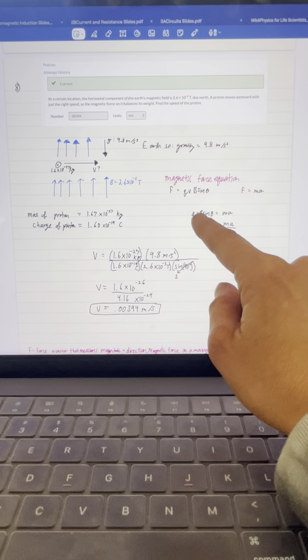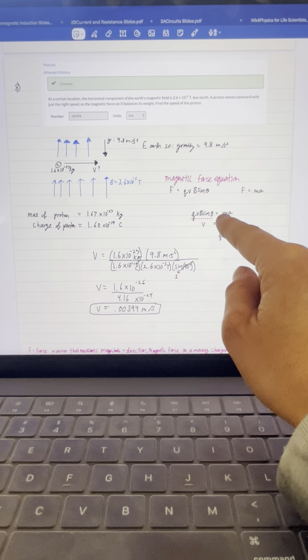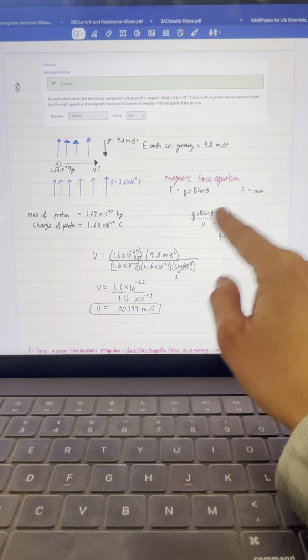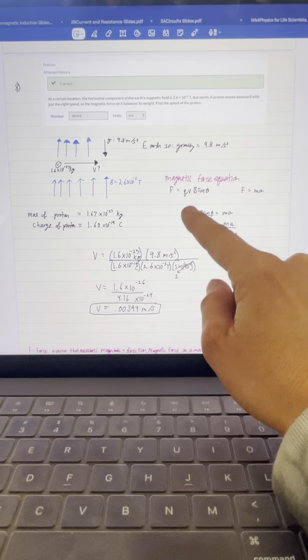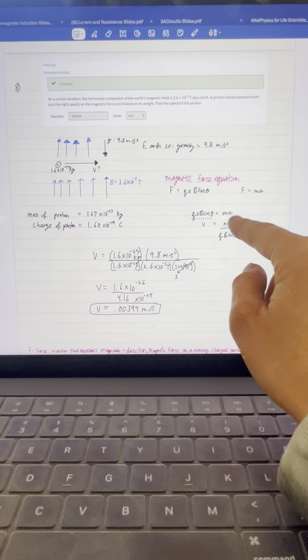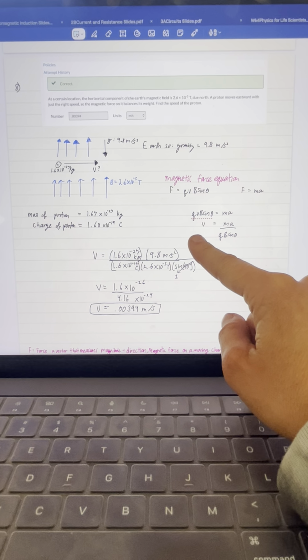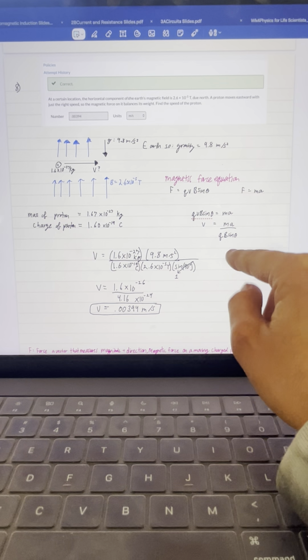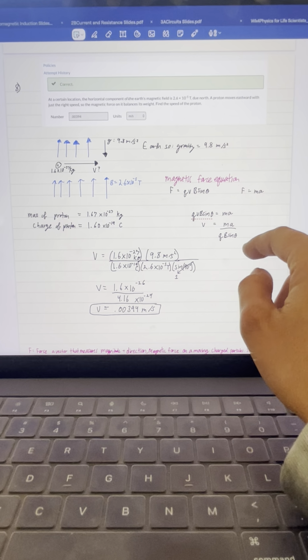So it's QVB times sine theta equals mass times acceleration. Then I simplify this, dividing by Q, B, and sine theta to get velocity by itself. So velocity equals mass times acceleration over QB sine theta.